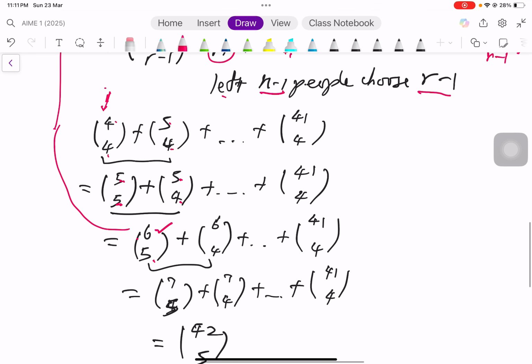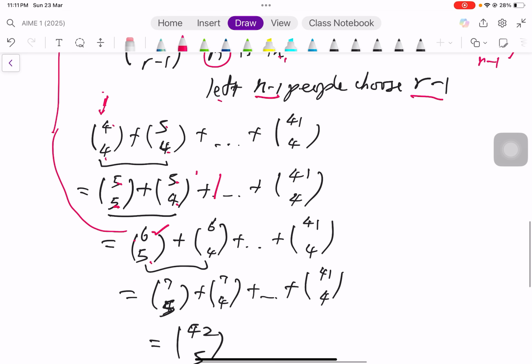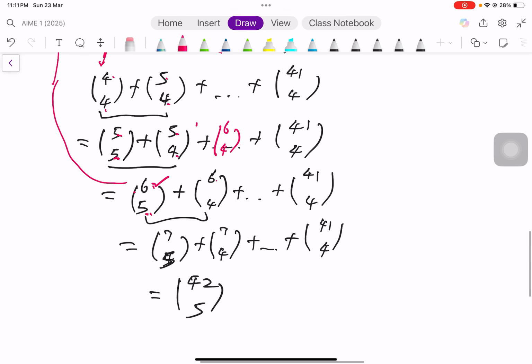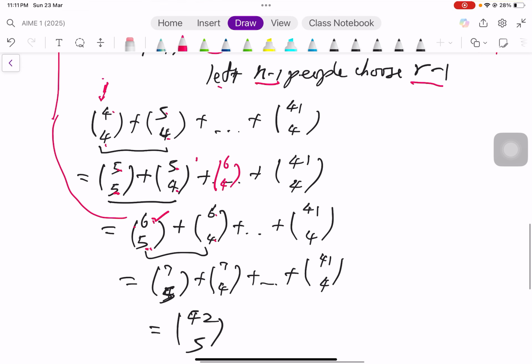And then what is the next number here? The next number is 6C4. Therefore, 6C5 plus 6C4 will give you 7C5.